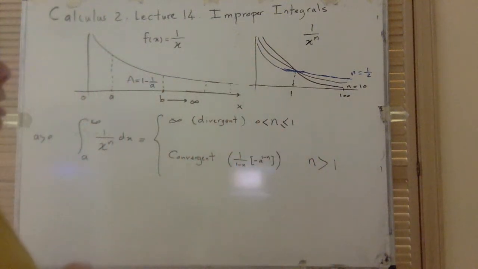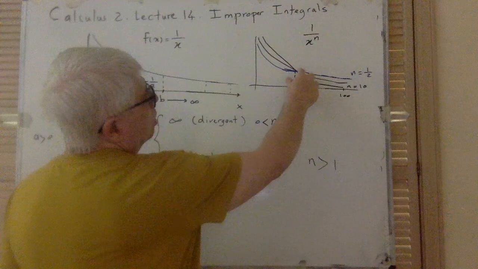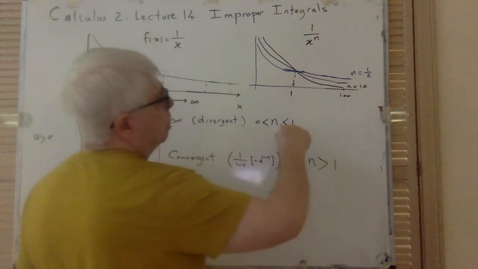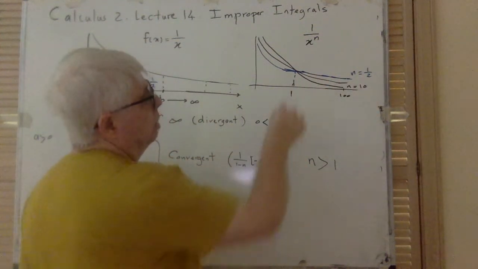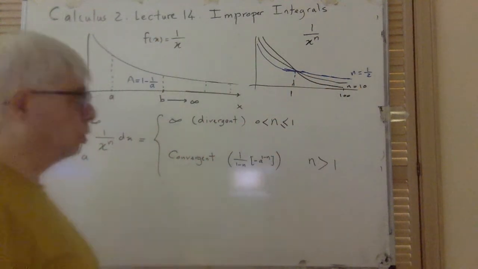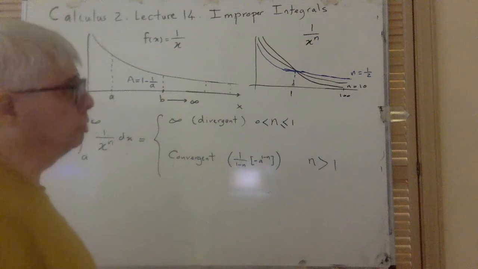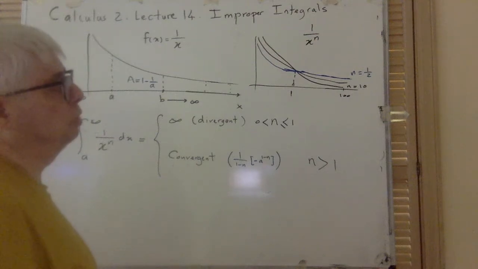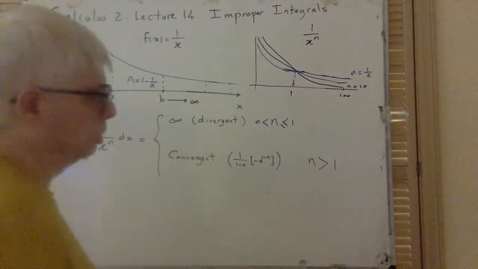It's amazing that for this one, the area is not finite, but for this one, the area is finite. Although both of them approach 0, one of them approaches 0 much faster than the other.